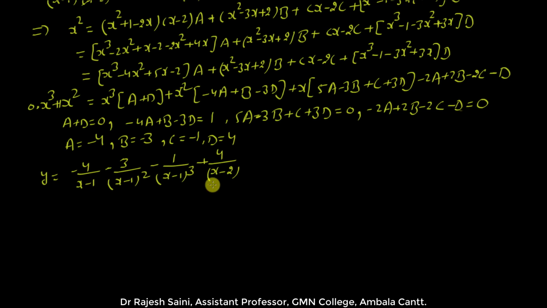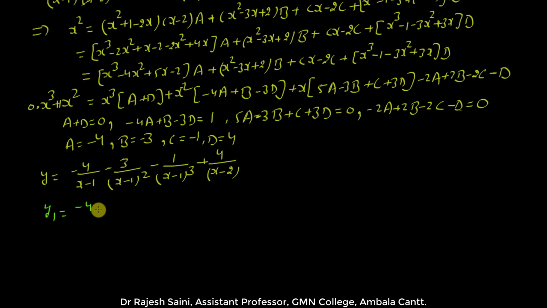Now you see over here we will try to find its nth order derivative, and for the same we need to differentiate it 2 or 3 times. Then we'll try to generalize and find its nth order derivative. Now differentiate it with respect to x on both sides.